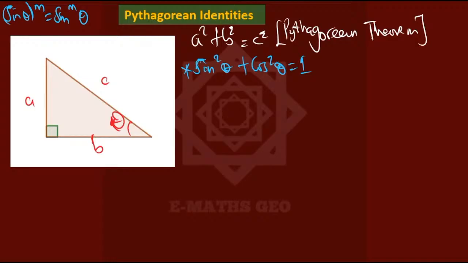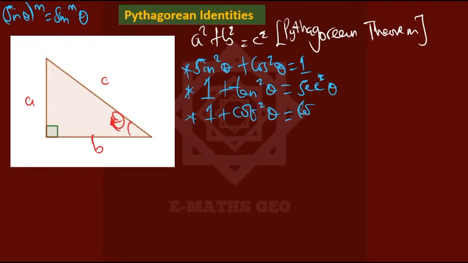So this means sine theta all squared, and cos theta all squared. So the first one is this, while the second one is 1 plus tan squared equals sec squared. The last one is 1 plus cot squared is equal to cosec squared.